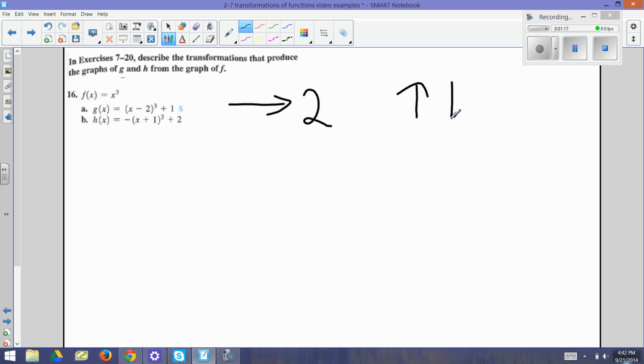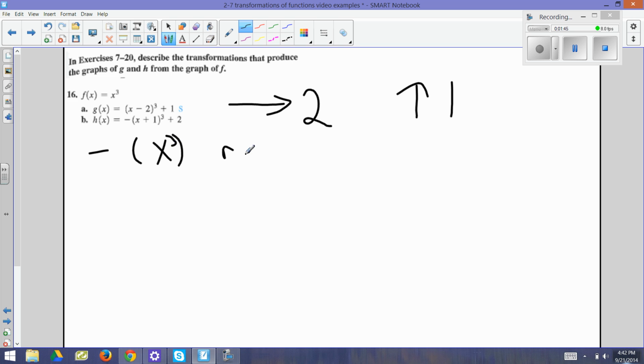For b, the first thing I have is a negative in front. That negative is not with the x, because if I have an x cubed with that negative in front, I can easily divide by a negative 1 and move it to the h of x side. So it's not with the x, it's with a y. The y is changing signs from positive to negative.